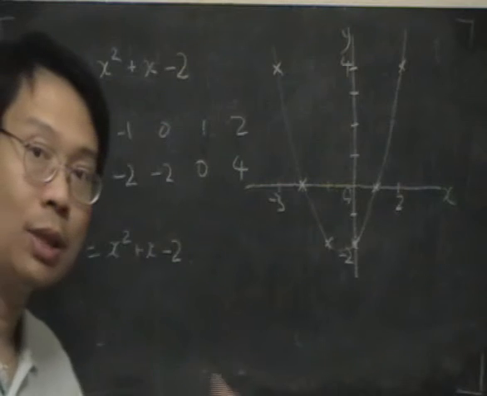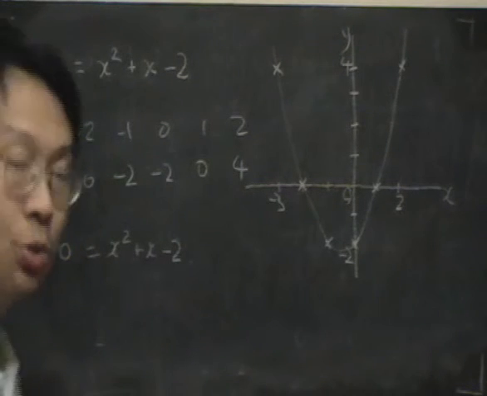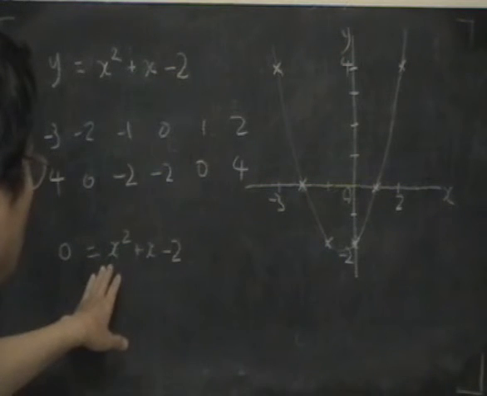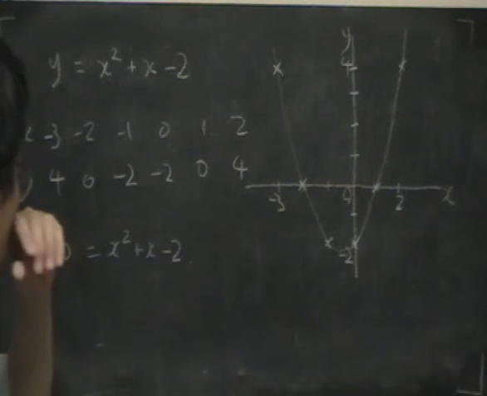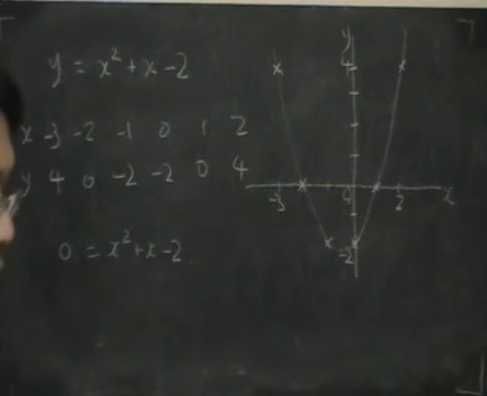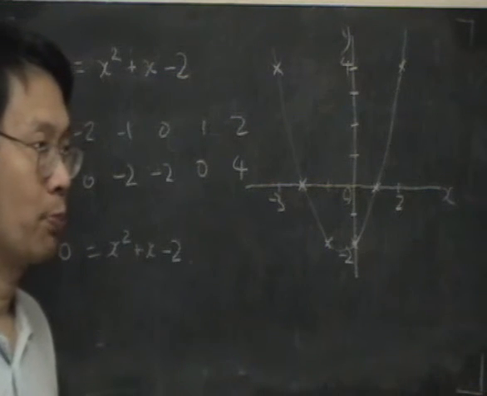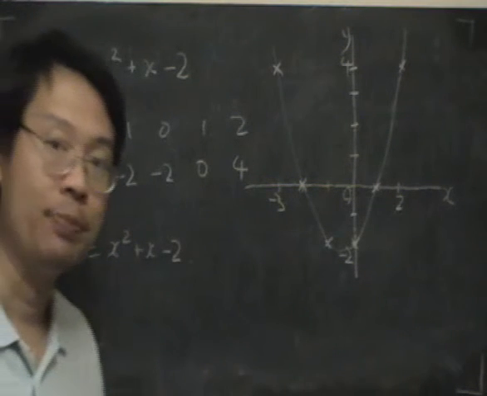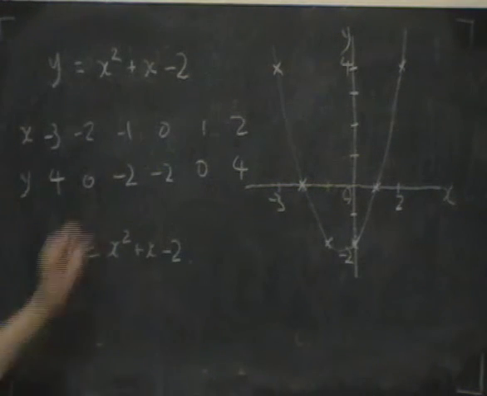There are things that we can try to do to solve for the x. In this case, there is an x squared, so it's a quadratic equation. So you can try ways like factorizing, alright, or even just trial and error.